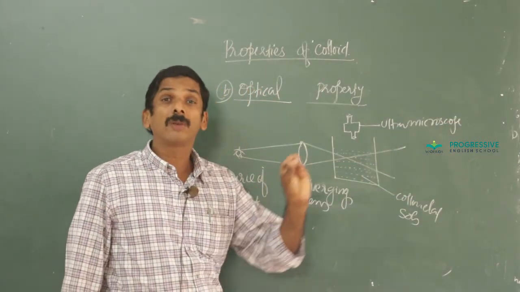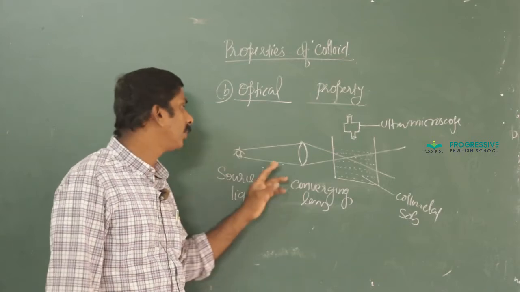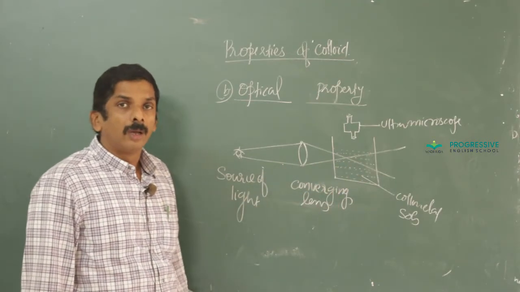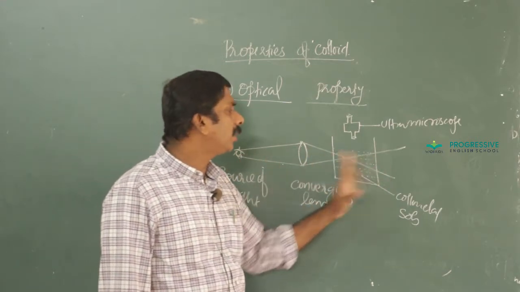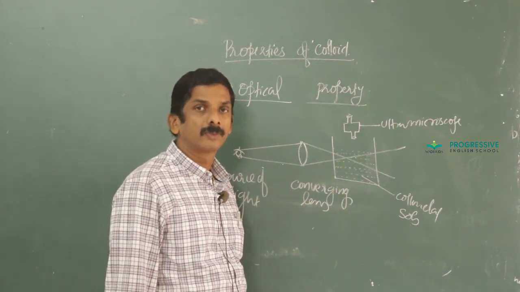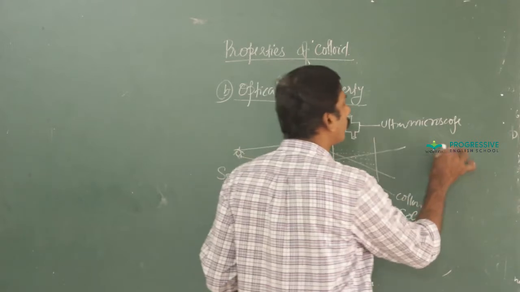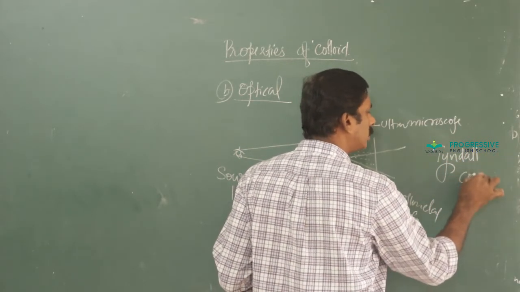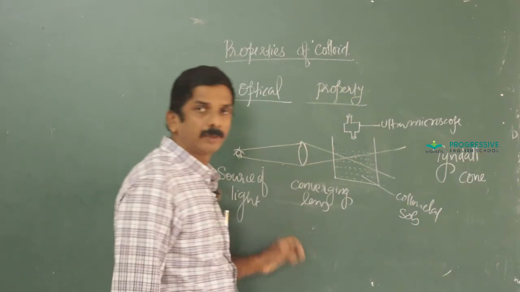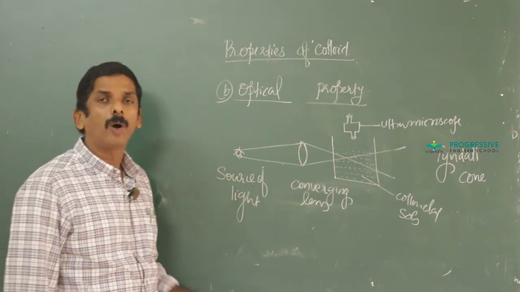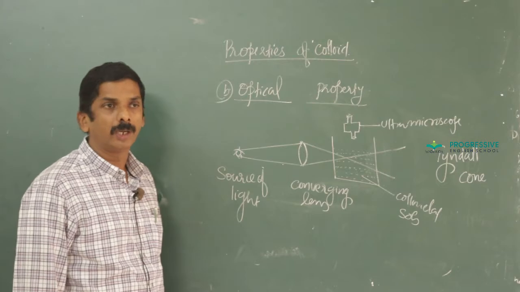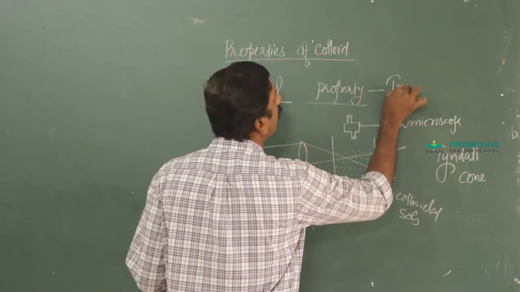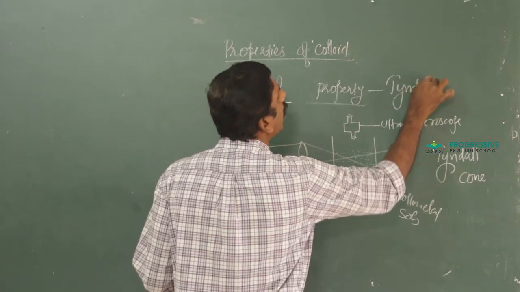The path of the light becomes illuminated. That illuminated path is called a Tyndall cone, C-O-N-E. And this optical property exhibited by colloid is called the Tyndall effect.